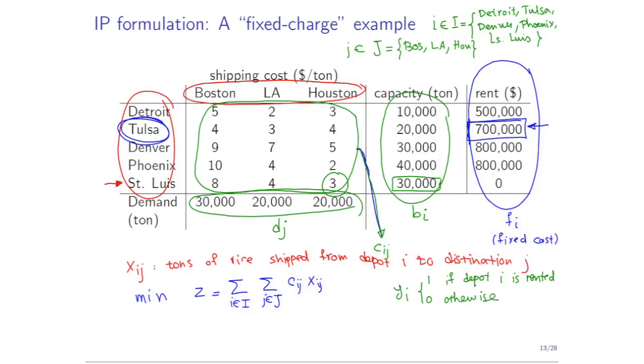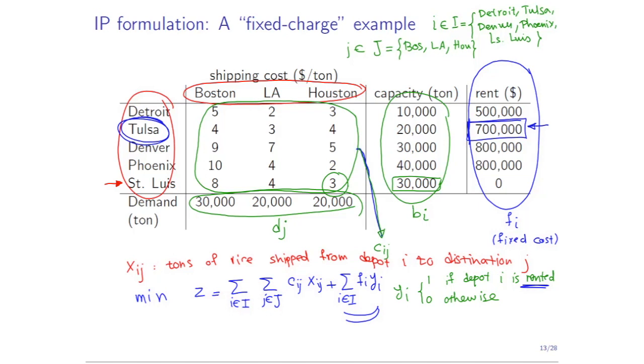Now, using these variables, it is easy to cast the fixed cost, right? So it will be the sum over I in I of f of I, yi. This part essentially means that if you rent a depot I, then you will have to pay the corresponding rent, right?